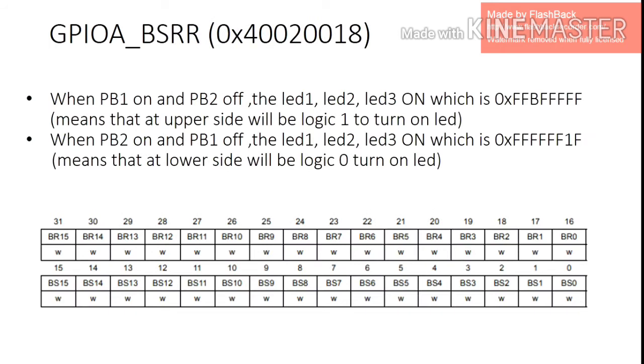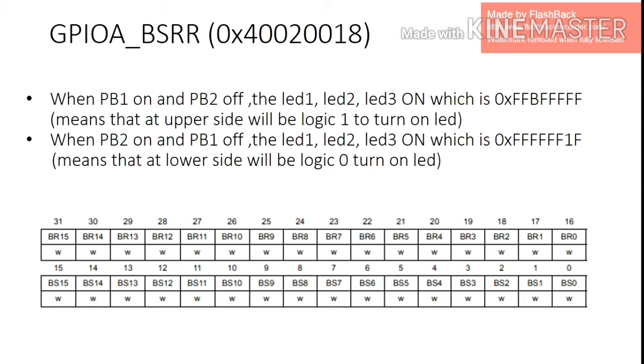Okay, for the condition, we also use GPIOA BSRR, which is the address 0x40020018. So when PB1 is on and PB2 is off, LED1, LED2, and LED3 will be turned on, which is 0xFFBFFFFF, meaning that the upper side will be logic 1 to turn on the LED.